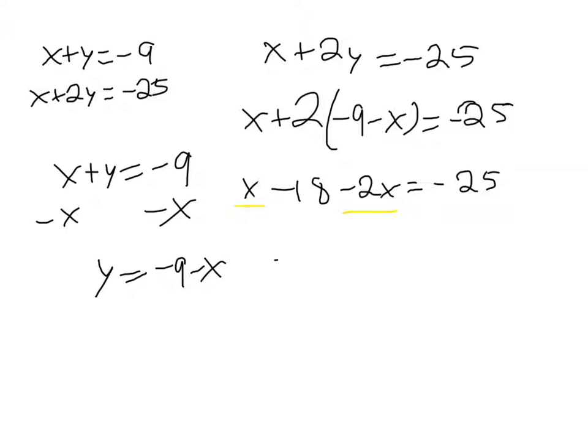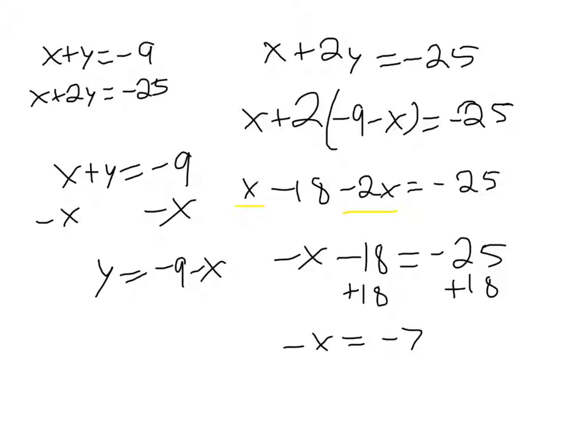Obviously, that would give us negative x. And then I'll bring down the 18 here to make this simpler. Again, to solve for x, add 18 to both sides. Negative x equals negative 7. Again, isolate x, divide both sides by negative 1, and we'll end up getting x is equal to 7.